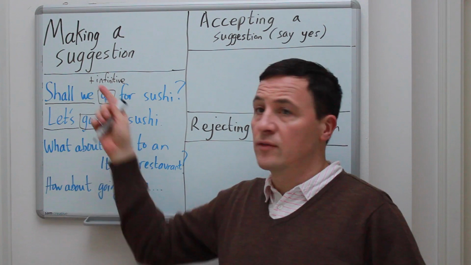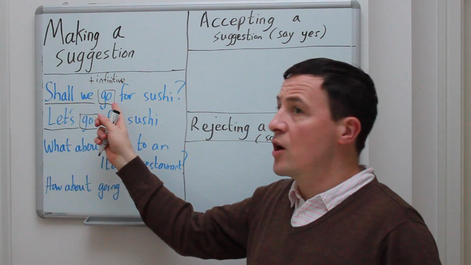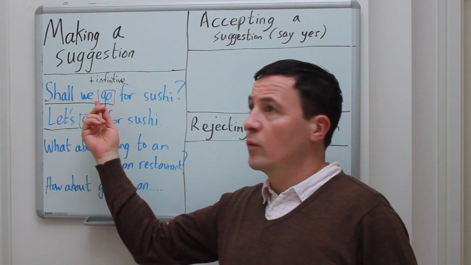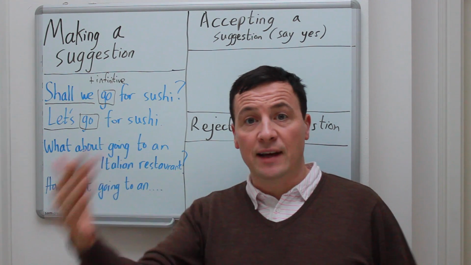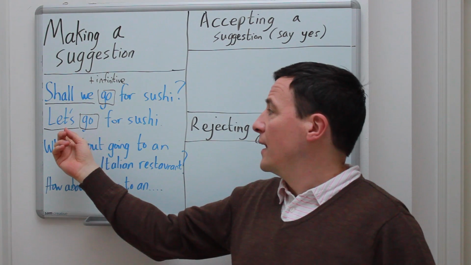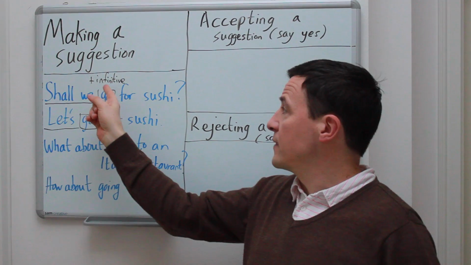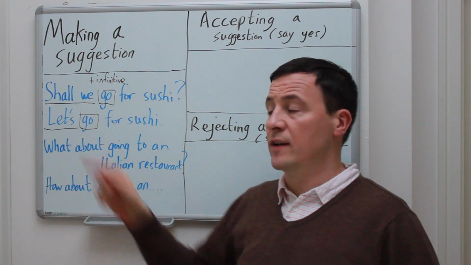Shall we go? Let's go. Or you can say, for example, shall we launch the product next year? Or let's have the meeting today. So it's always an infinitive which follows these phrases.